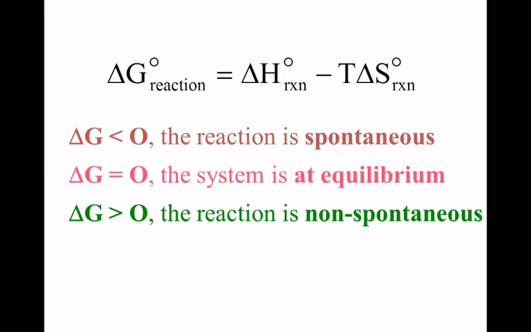If the change in Gibbs free energy is right at 0, then it doesn't favor the forward or the reverse direction. Basically, it's at a standstill. It's at equilibrium, assuming this is an equilibrium reaction, not just a one-way reaction arrow. It's going back and forth at the same rate. Neither side is favored.